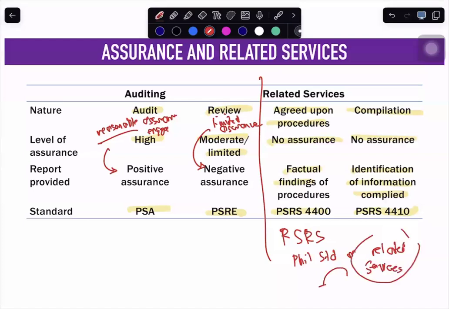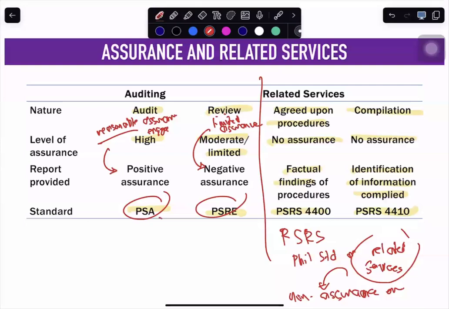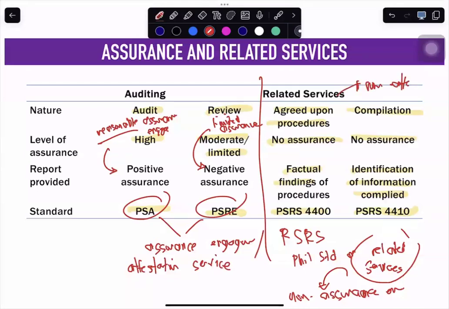Ito, related services, sabi natin, yan yung mga non-assurance engagements. Ito naman, ito yung mga assurance engagements natin. Or, para hindi kayo malito, yan din yung attestation services natin. Ito naman, non-attest services.